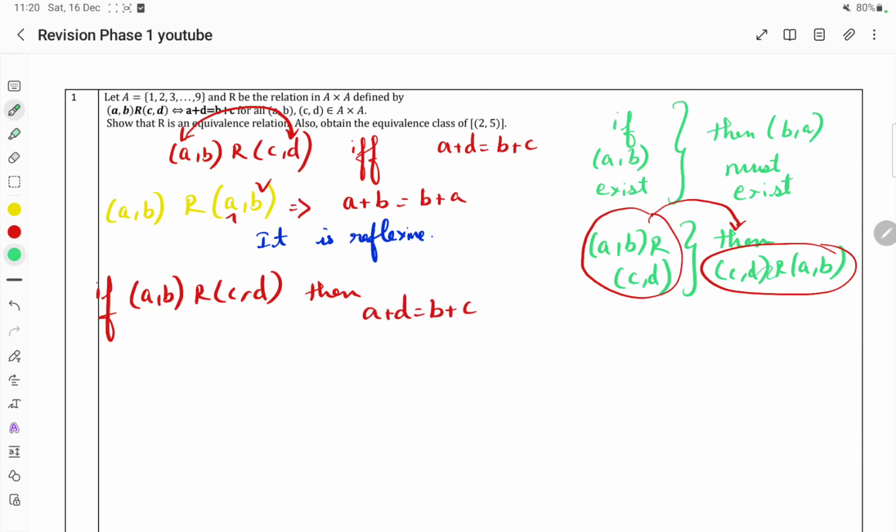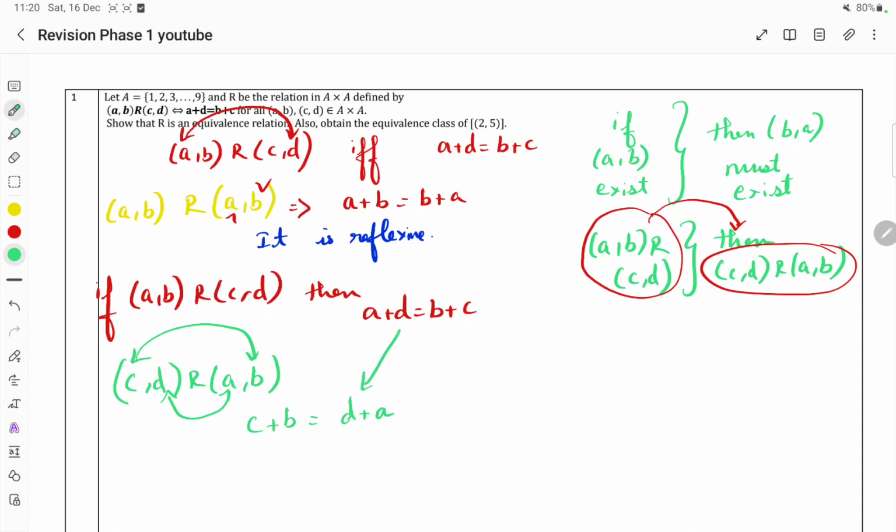The next thing is to check whether (c, d) is related with (a, b) or not. If it is related, then c plus b will be equal to d plus a.